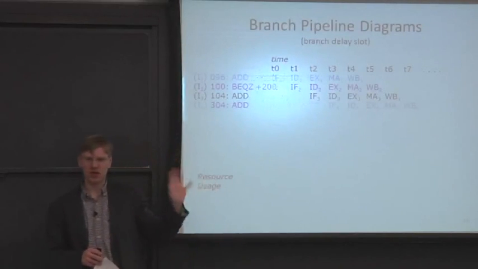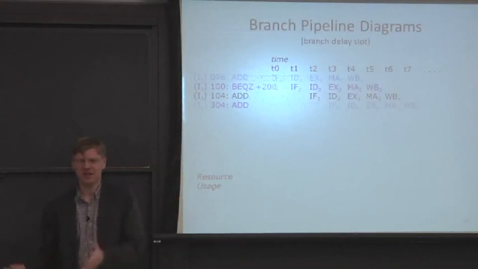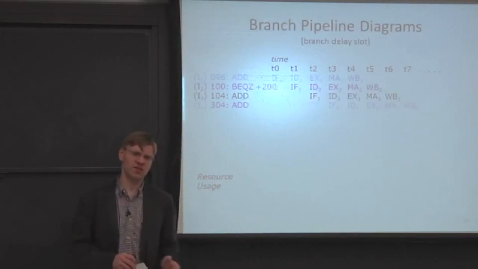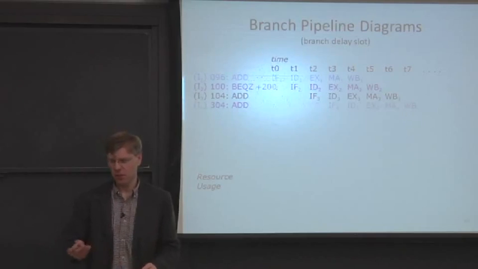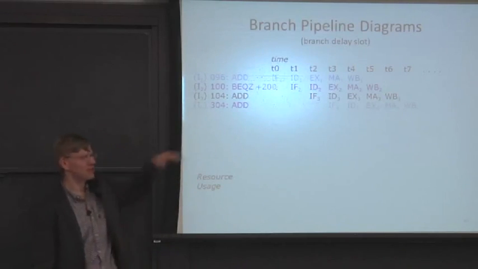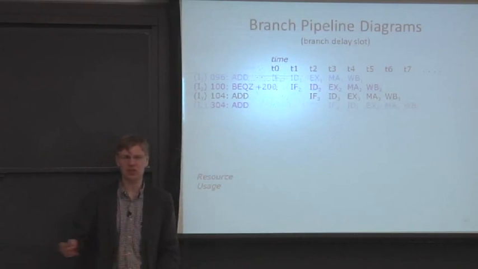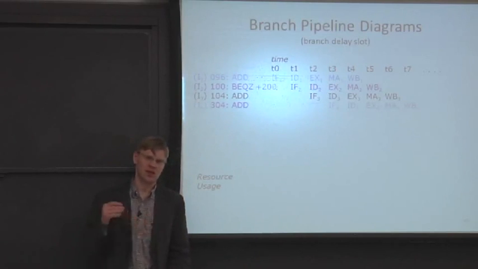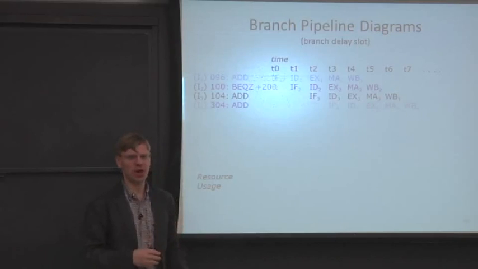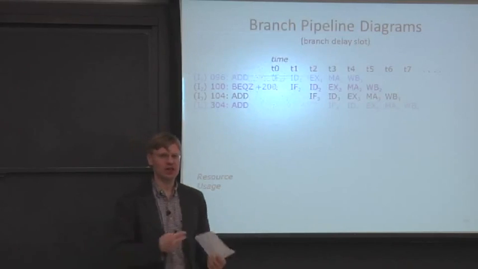So there are tough trade-offs here between how often you fill the branch delay slot versus having a branch delay slot. But for right now, we'll say branch delay slots are one good technique to put useful instructions after a branch and not have branches stall a lot.